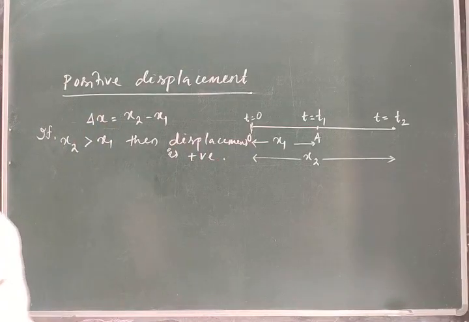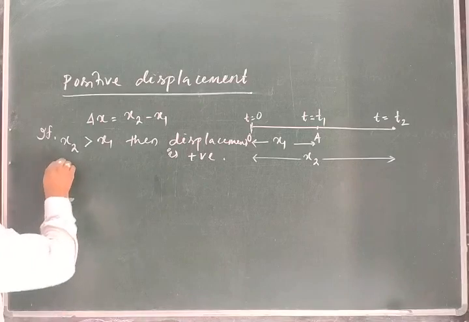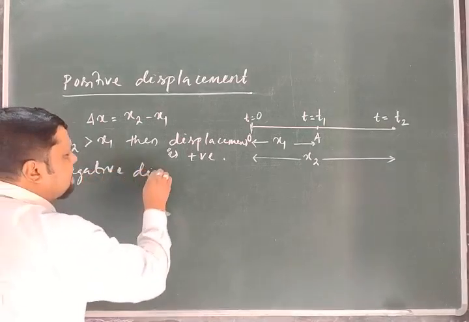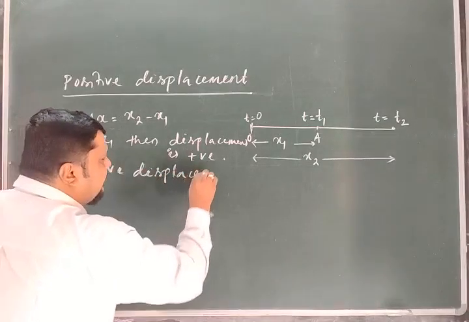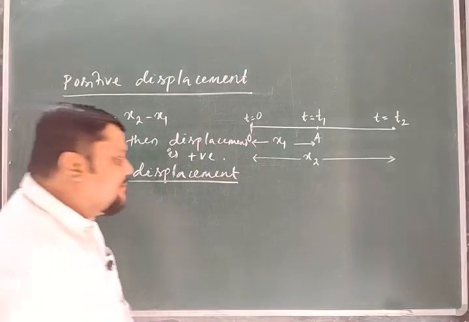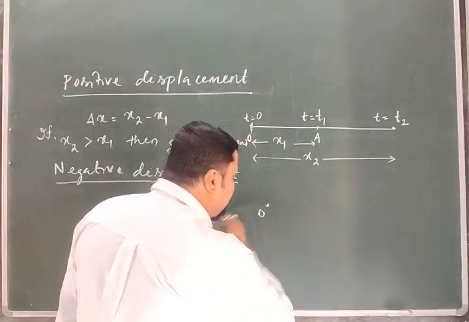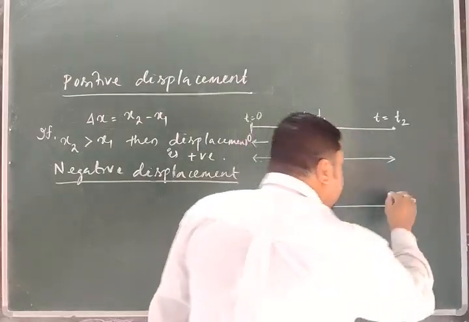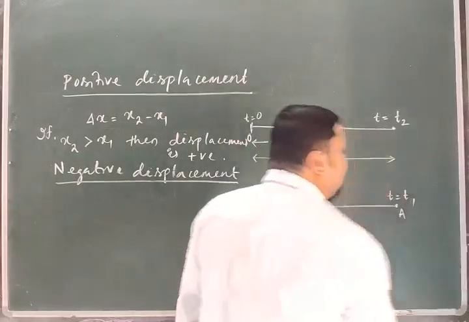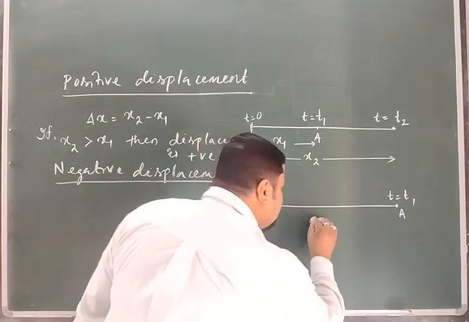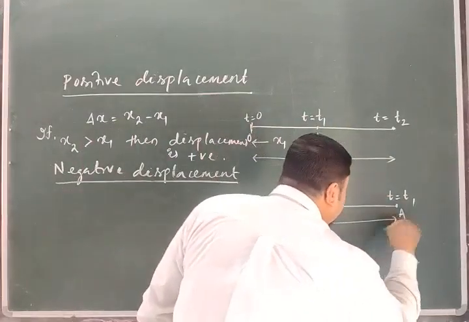Okay. Now, how will we explain the negative displacement? Let us take an example like this. A particle starts from O and goes to the point A at t equal to t1. It reaches the point A, and the distance traveled is, suppose, x1.